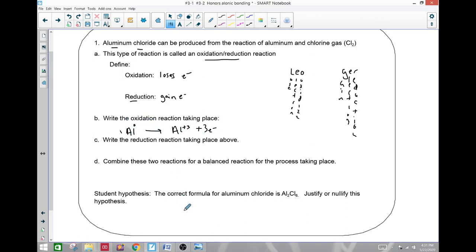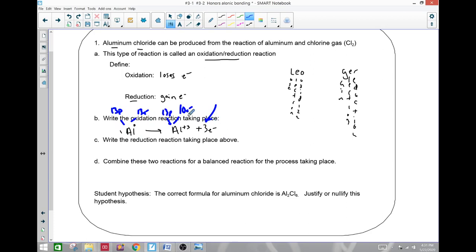You should note that aluminum has 13, so I'm going to add a little extra on here. This is not normally part of it, but aluminum has 13 protons, and it's got 13 electrons. Now it's got 13 protons and 10 electrons. There's the other 3 electrons.